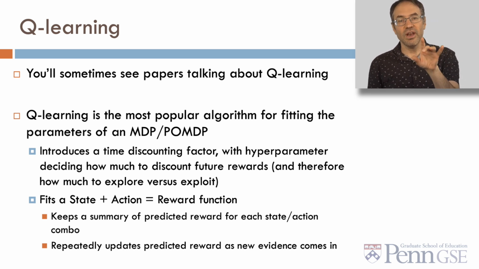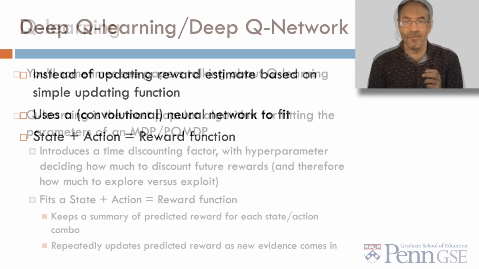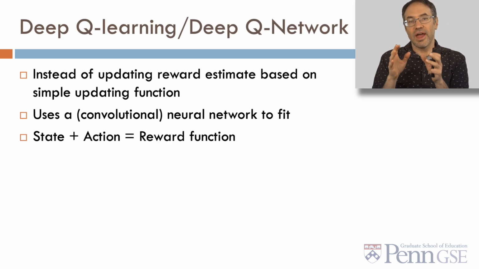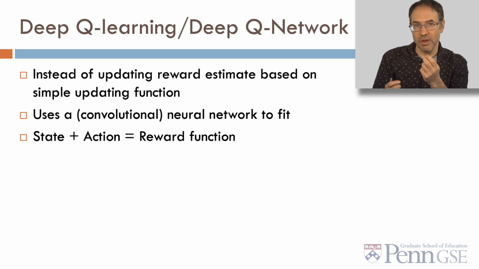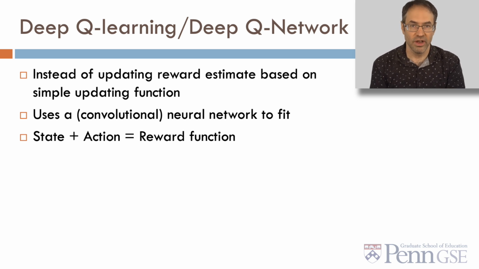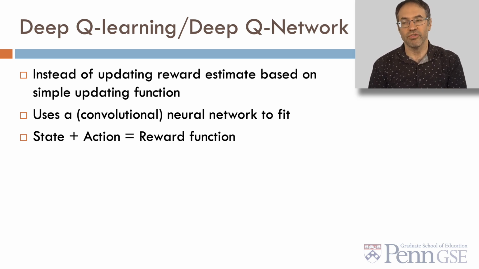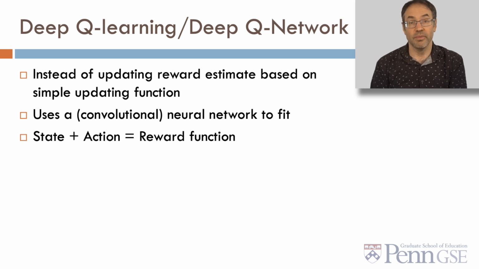It fits a state plus action equals reward function, where it keeps a memory of predicted reward for each state and action combo, and repeatedly updates the predicted reward as new evidence comes in. And classically, that reward estimate is based on a simple updating function. But more recently, deep Q-learning, or deep Q networks, use a convolutional neural network to fit that state plus action equals reward function, which leads to rather complex functions for determining that.